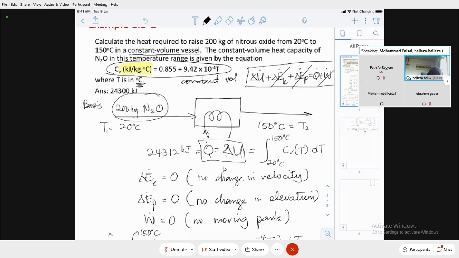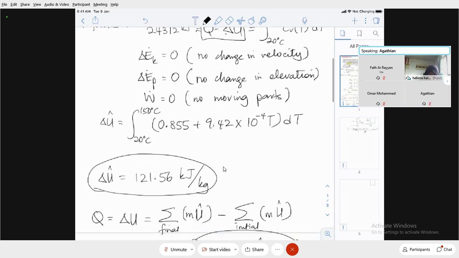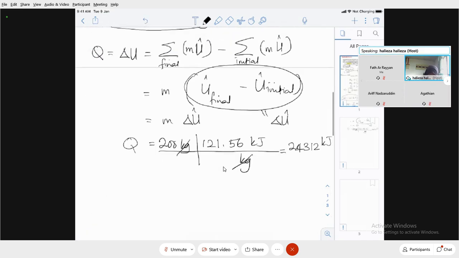Now, reference state? What is the reference state? 20 Celsius? Doctor, maybe 1 atm, 25 Celsius? Are you sure? Let's go back.